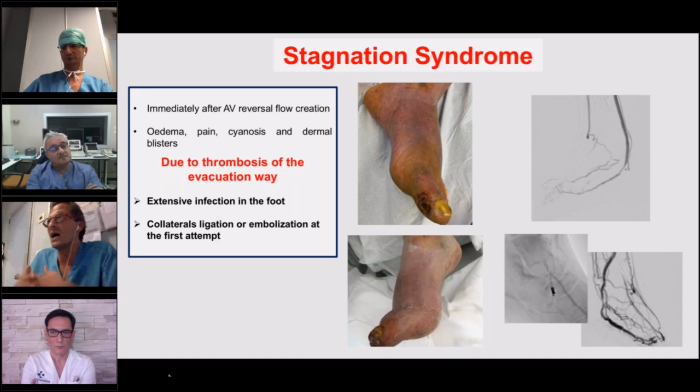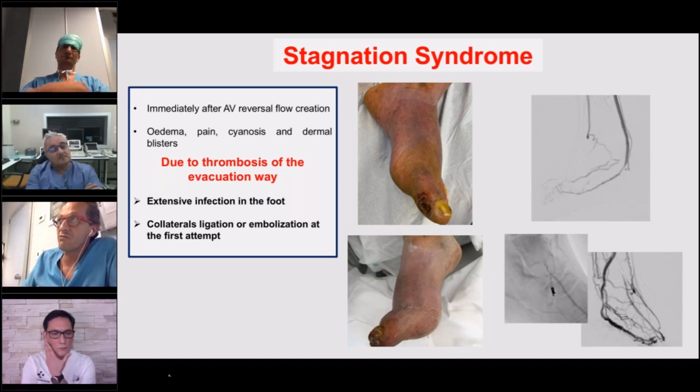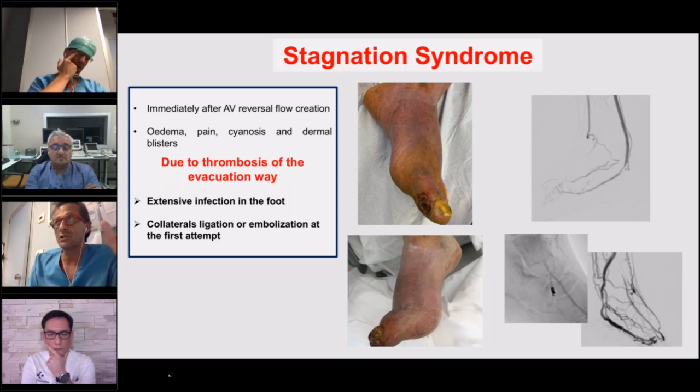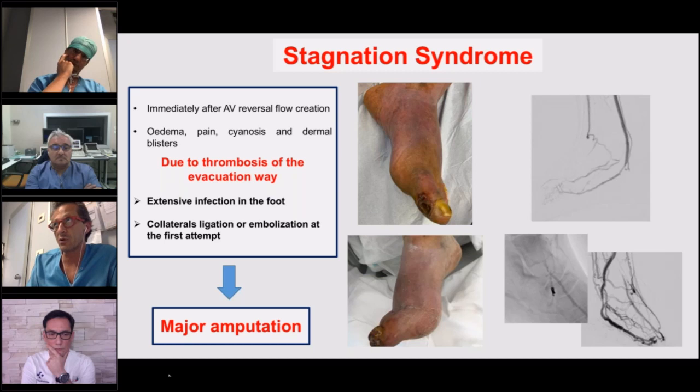Usually, in case of wet gangrene, it is a thrombosis due to the infection, but in some cases it can also be an iatrogenic thrombosis in case of an embolization of collateral during the first step of the arterialization. And this is a very serious, very distressing situation, because usually the only solution is the major amputation, with an arterialization open and well functioning.